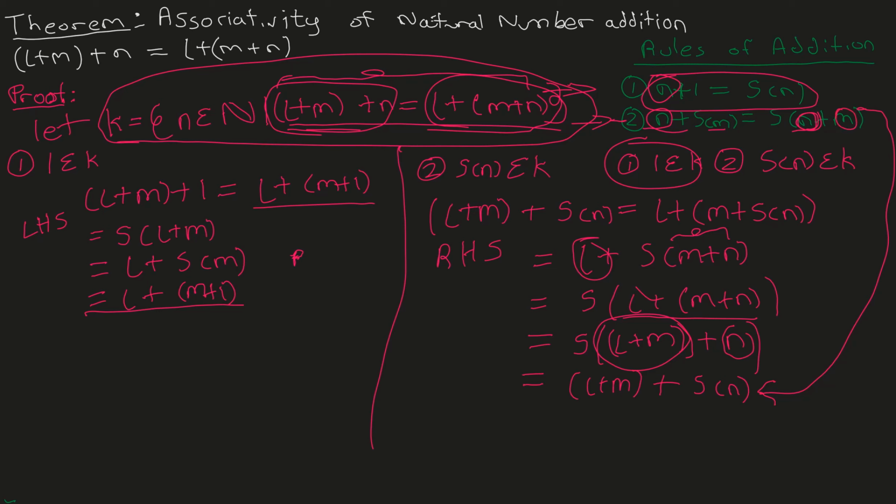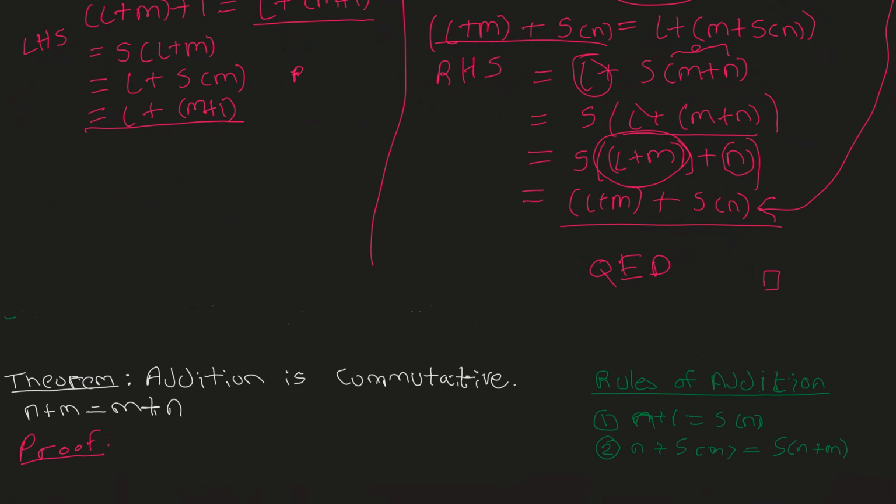So we're replacing this with this, and we're done with the proof. The left hand side looks exactly like the right hand side, so we've just proved the associativity of natural numbers. QED. Now let's go on and prove commutativity of natural numbers.